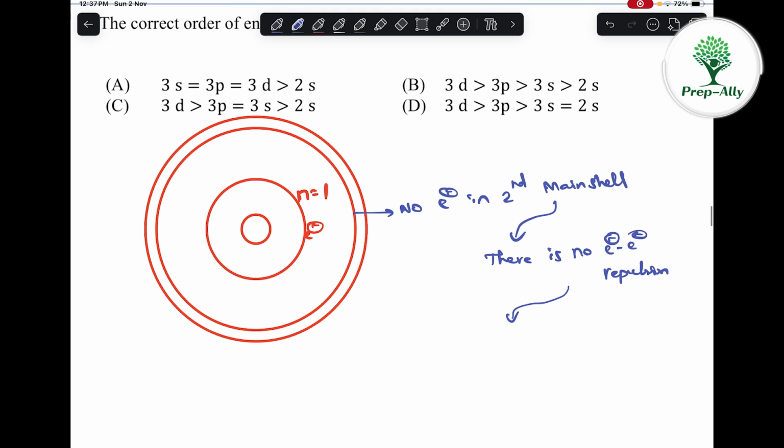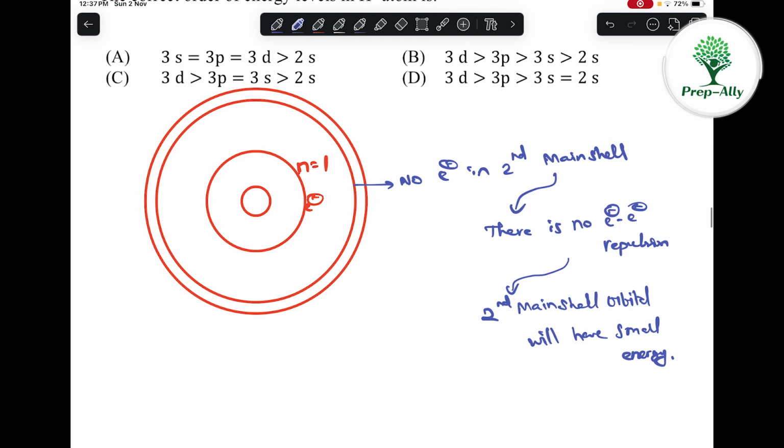And we can say all second main shell orbitals will have the same energy because there is no electron to differentiate two orbitals.